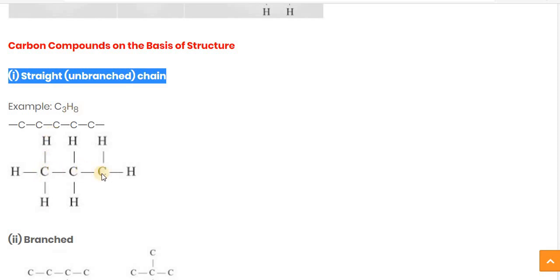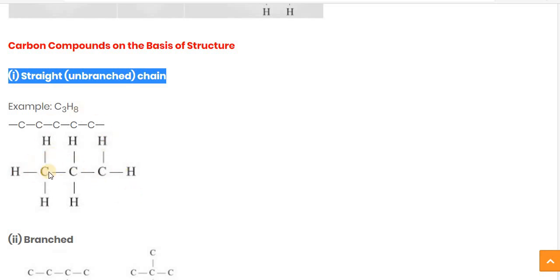Here you can see 1, 2, 3, 3 carbon and 8 hydrogen. In the figure only 7 is given, but here you consider one more hydrogen. It's a printing mistake. So now count the 3 carbon and 3, 6, 7, 8 hydrogen.